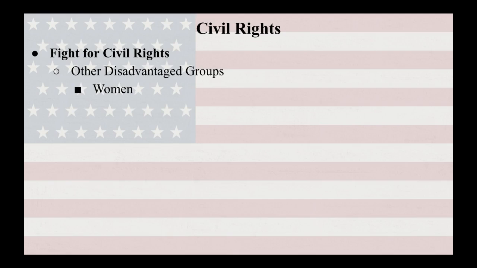And so this Equal Rights Amendment was really something championed in the 1970s, and it was very easily passed by Congress in 1972, but fell three states short of the 38 states necessary to ratify the constitutional amendment. And so it didn't pass.